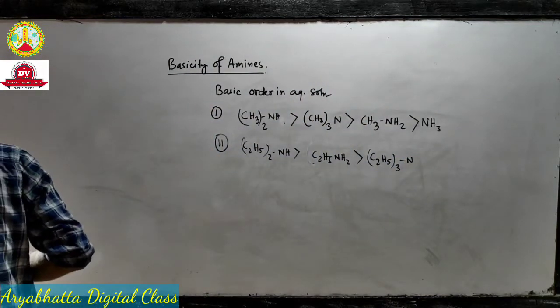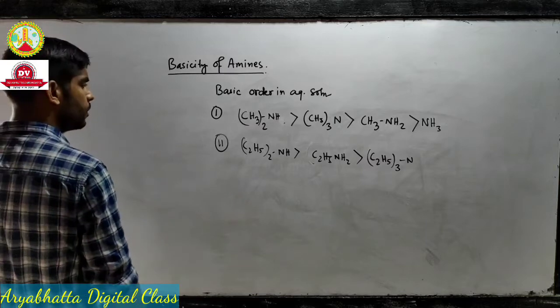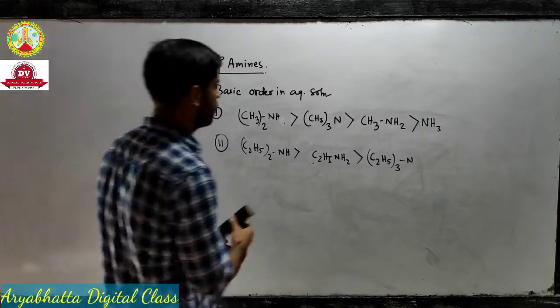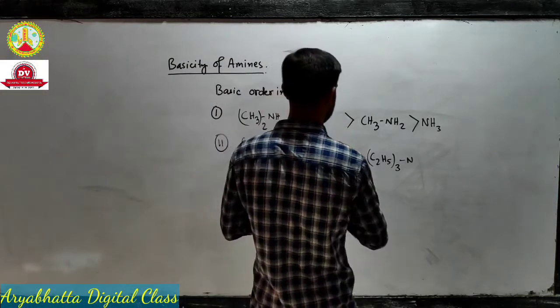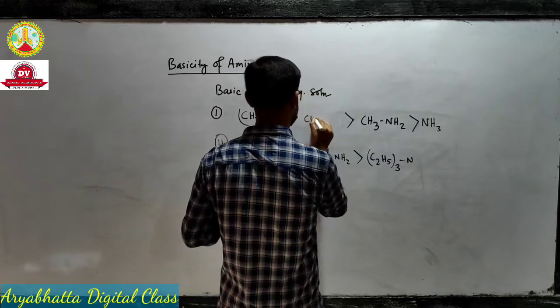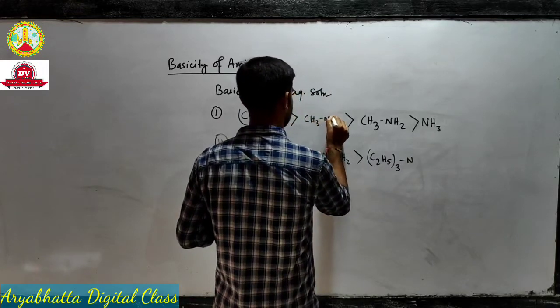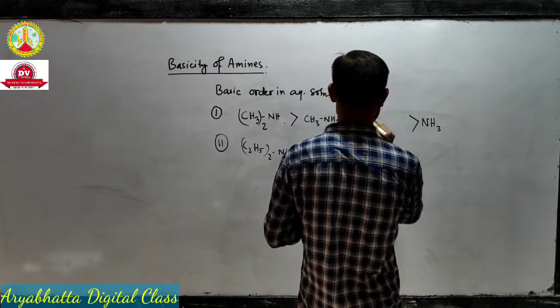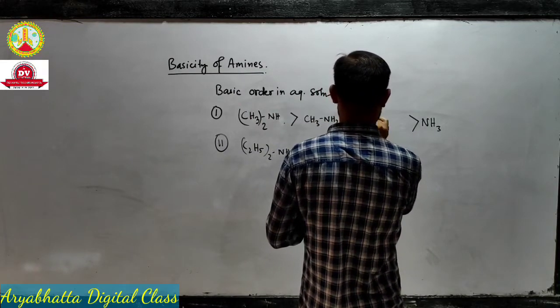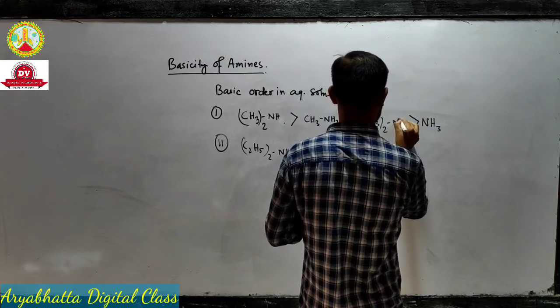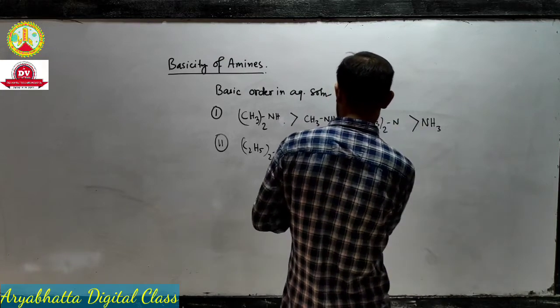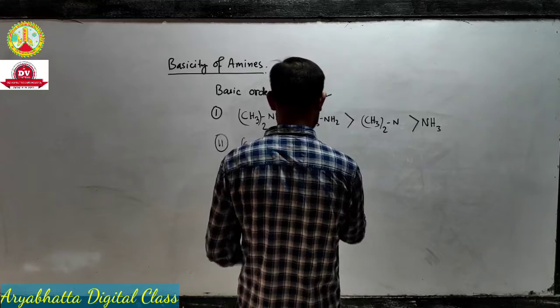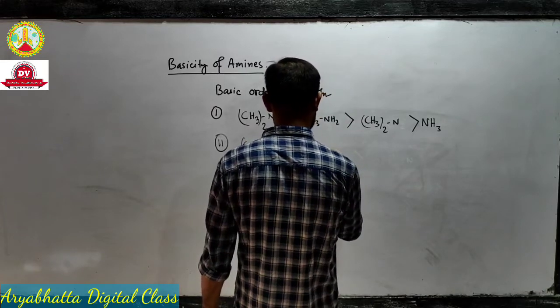Okay? No, my first order was correct actually. My first order was correct. Methyl is a smaller group, so we have less steric hindrance. And in ethyl, steric hindrance is stronger.